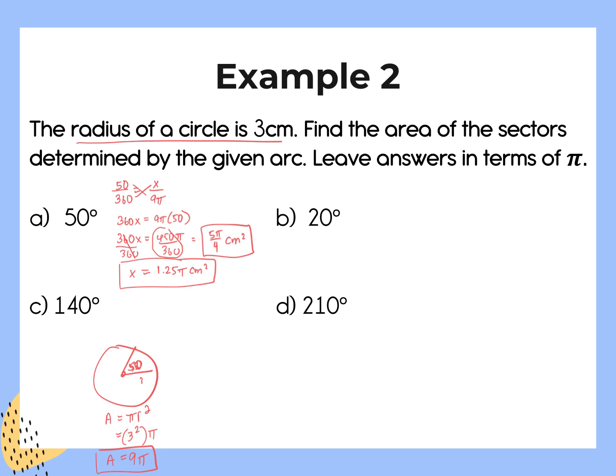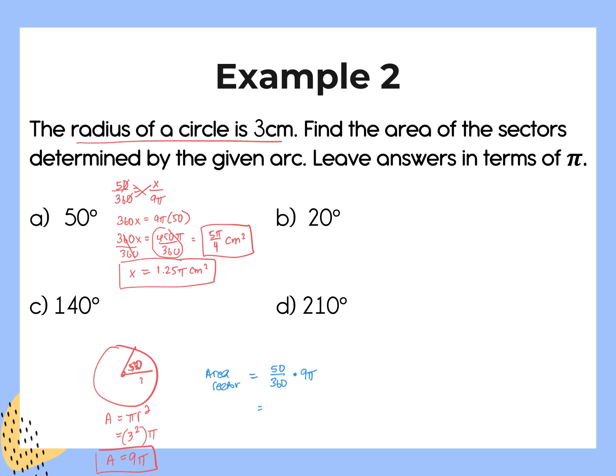Something that could have made my life a little easier is I could have simplified 50 over 360 and made it 5 over 36, and that would have made the math a little simpler, but it would have given me the same final answer. And if I want to use the formula, the area of the sector equals the ratio of the central angle over 360, or the arc degree, times 9 pi, which is the area.